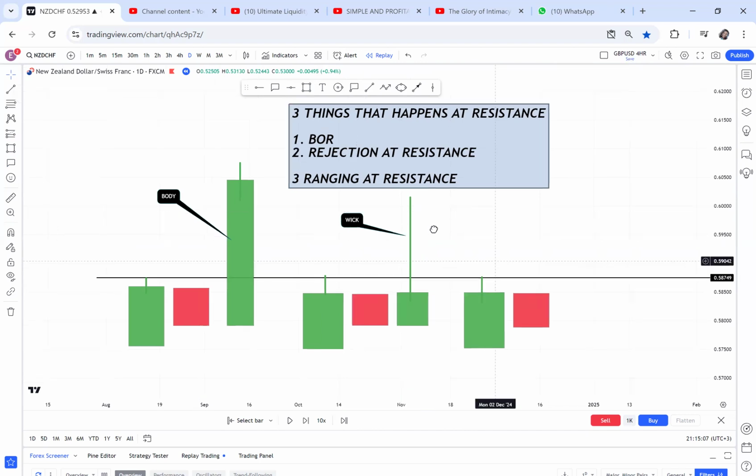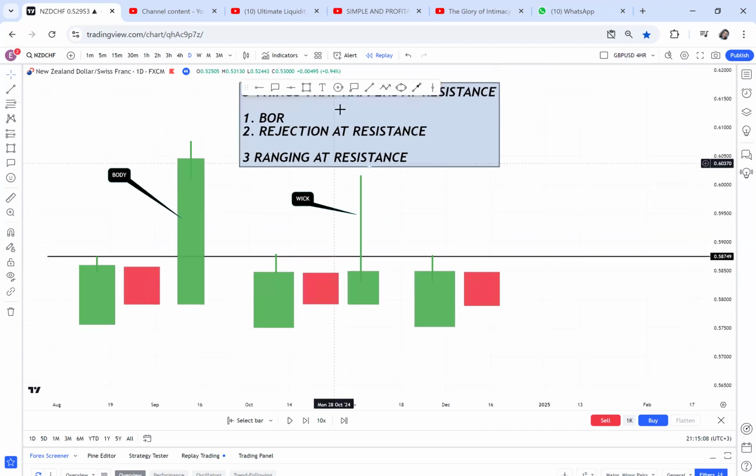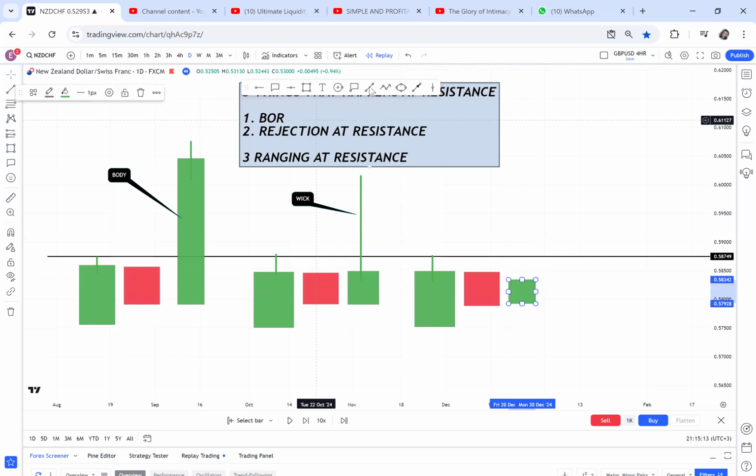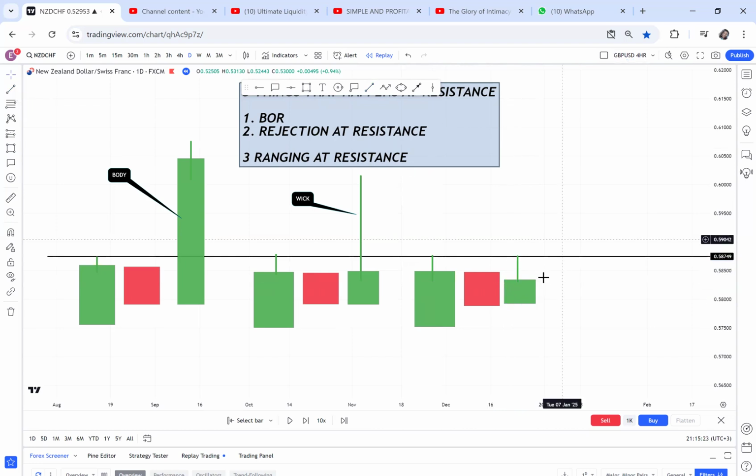When we talk of the resistance ranging, the market comes around that area and keeps touching that zone. The market is not sure whether to break or not, so it keeps touching that area, and sometimes we may even have small candles called crosses.